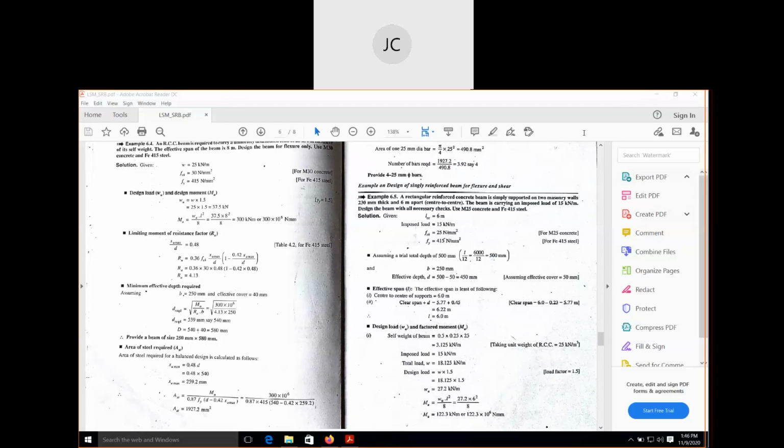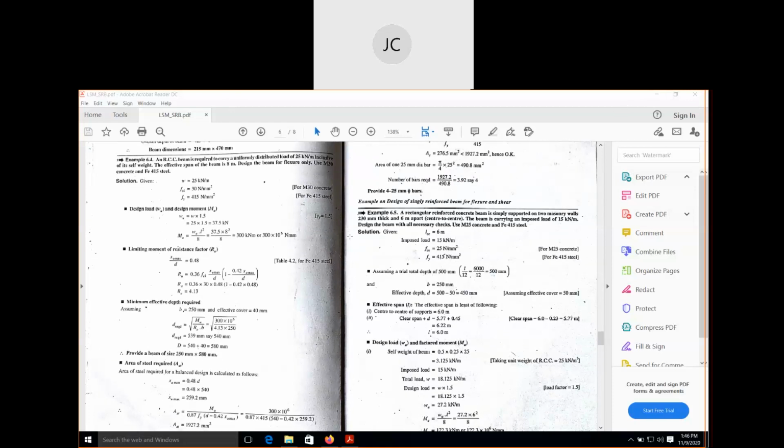In example 6.4, you are asked to find the design of the beam for flexure. First write down the given data. Next we have to find the design moment because the load is given. The UDL value is given, so the design moment will be 1.5 into WL square by 8.